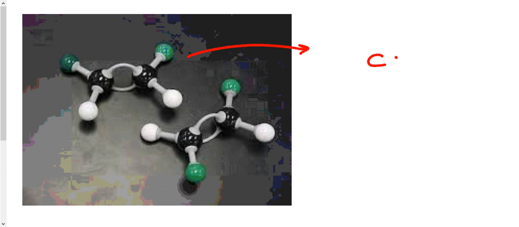If you start by drawing a double bond, you can see that my 2 green ends, which normally would be considered a chlorine, but for this moment, let's consider them a carbon. One would be up in this direction, and one would be up in this direction. Now, in molecular model sets, green normally means chlorine, but we haven't taught you how to deal with any of the derivatives yet, so for the time being, we'll consider those to be carbon atoms.